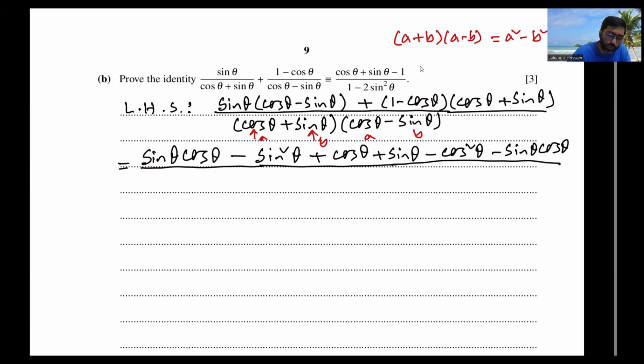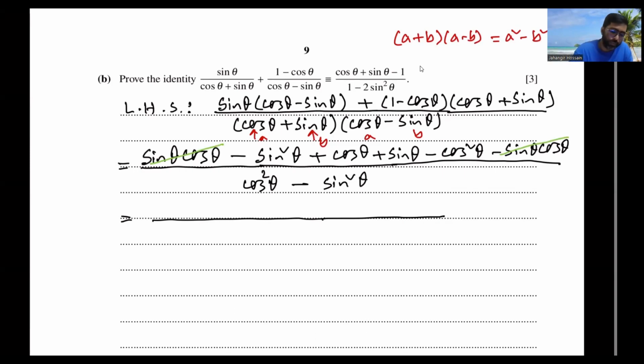It becomes cos theta whole square, that's cos square theta, minus sin theta whole square, that's sin square theta. And if you look at the numerator, we have plus sin theta cos theta and minus sin theta cos theta. These two cancel out each other.